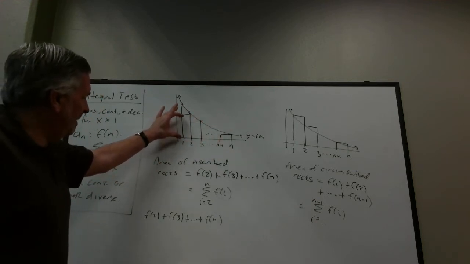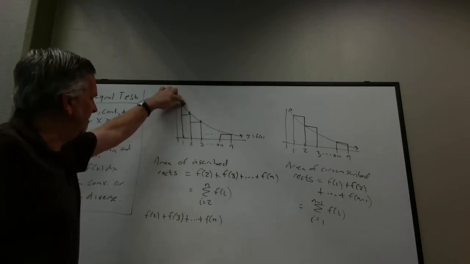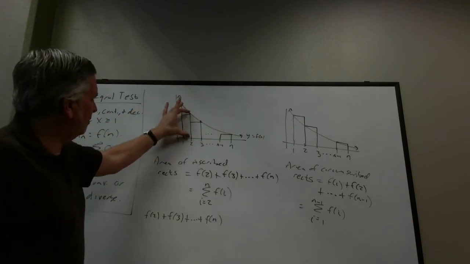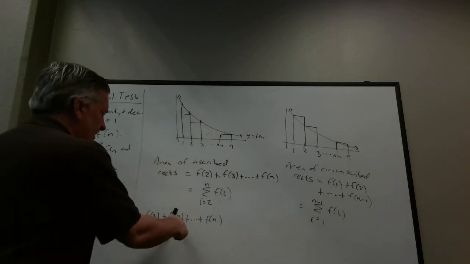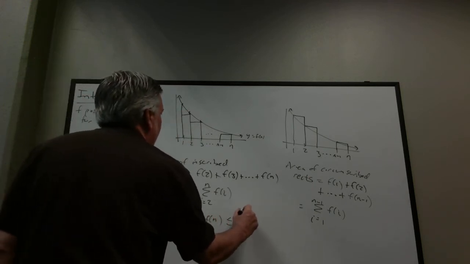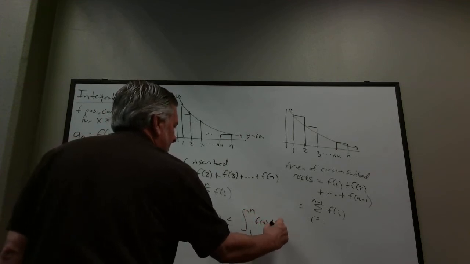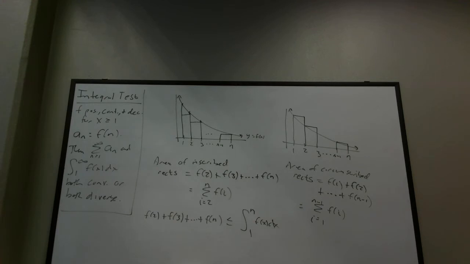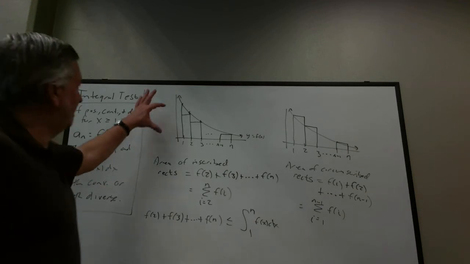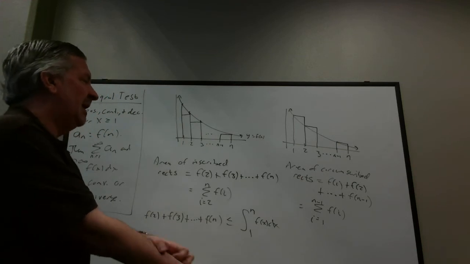Notice that area is going to be less than the area under the curve from 1 to n, isn't it? Right? Because the rectangles are all sitting underneath the curve. So this is the area of the inscribed rectangles. That's less than or equal to the integral from 1 to n of f of x dx, isn't it? Right? Because the integral from 1 to n of f of x dx is the area under the curve, which is clearly bigger than the area of the rectangles.